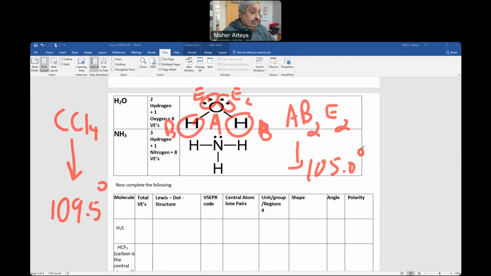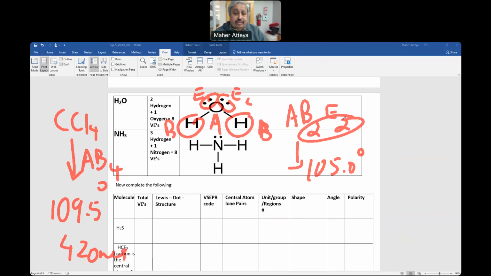So this is AB4, correct? I have 4 zones here, because you have to count those up here. But because of the lone pair, the angle is suppressed. Is it polar or nonpolar?